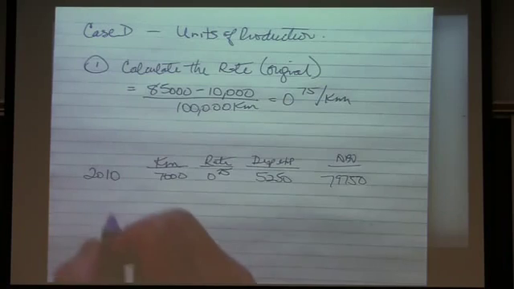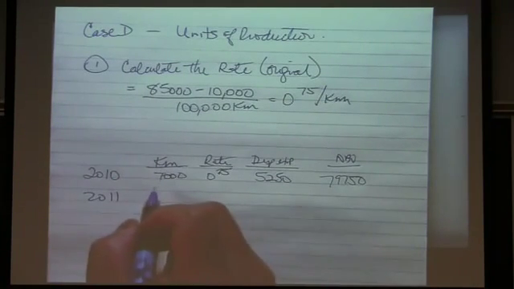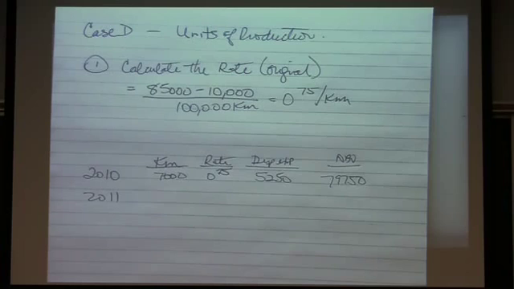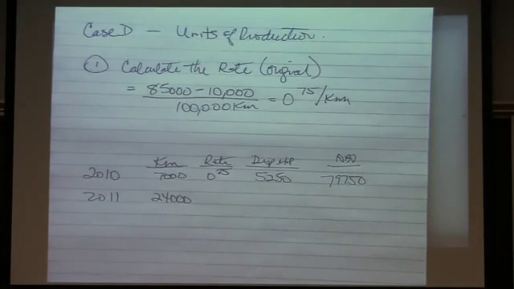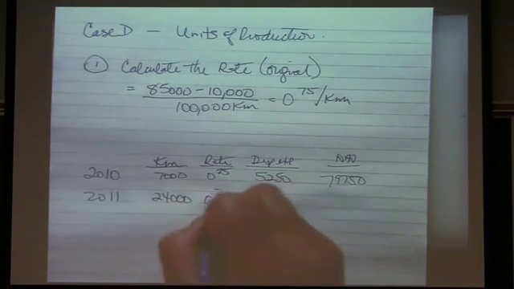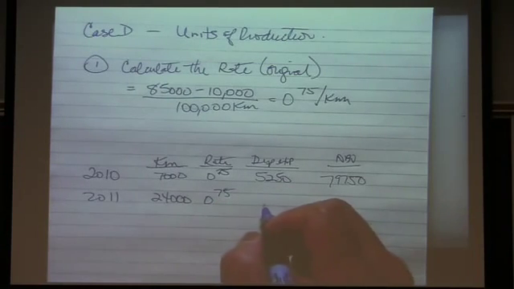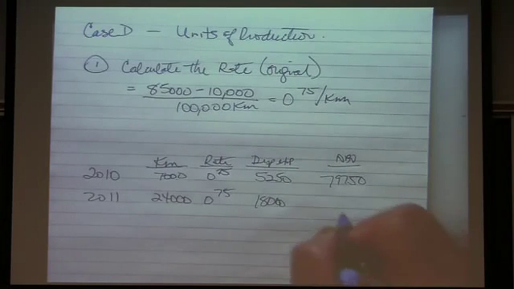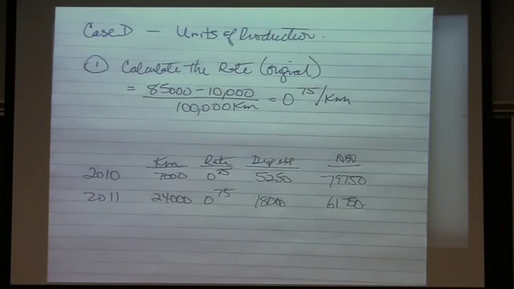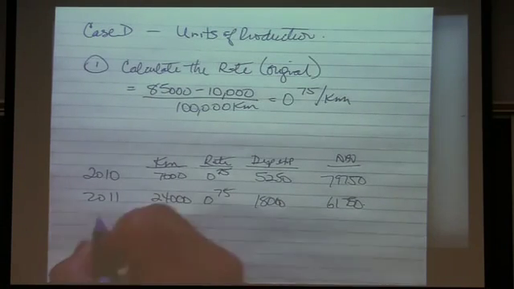Then we continue on in 2011, and you'll see that in this question, we were given 24,000 kilometers in the original question. So we're just going to multiply by 75 cents to give us 18,000, and that gives me 61,750.